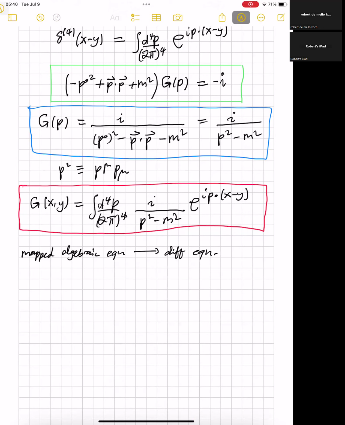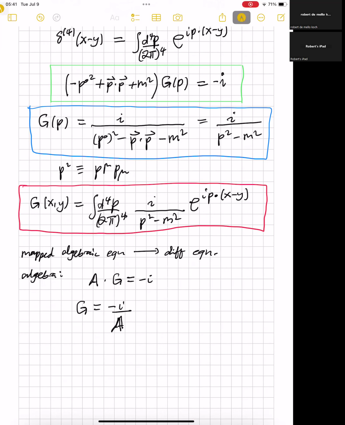Now, this looks suspect. And the reason why it looks suspect, well, let's first of all think on the algebra side. Okay? We had A times our Green's function was equal to minus I. Well, we know exactly how to solve that. We just say G is equal to minus I over A. And that's exactly what we did.